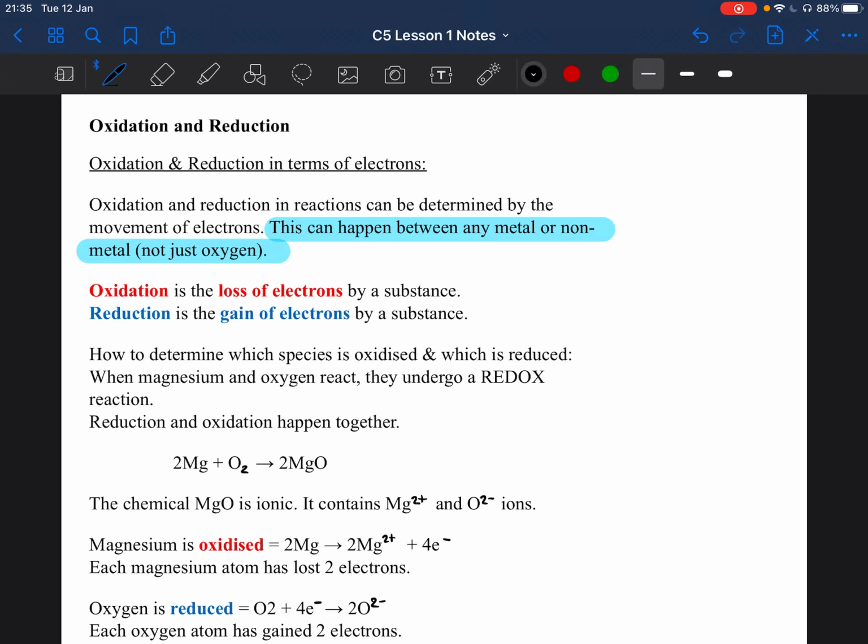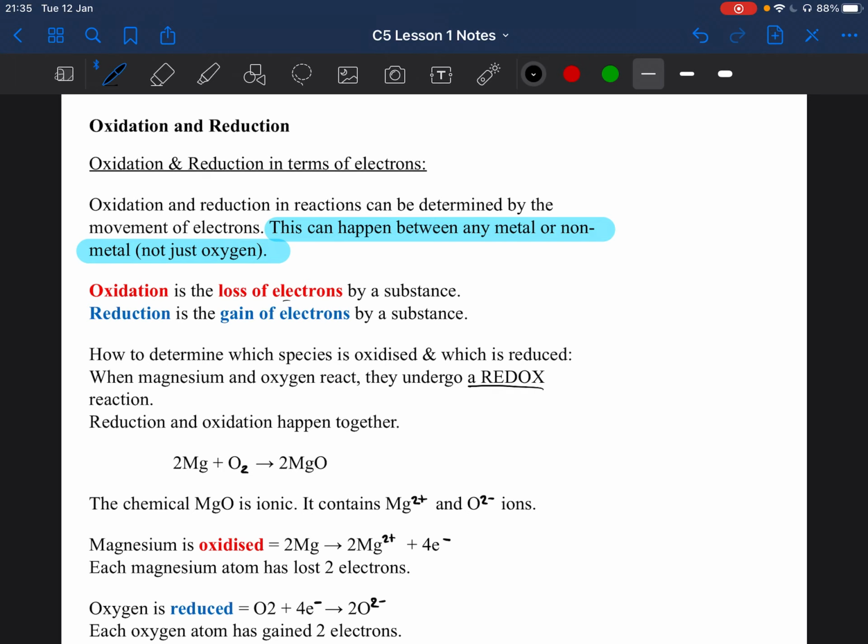So if we look at what we've got here, oxidation is the loss of electrons by a substance. Reduction is the gain of electrons by a substance. So how do we determine which species is oxidized and which is reduced? When magnesium and oxygen react, they undergo what we call a redox reaction.